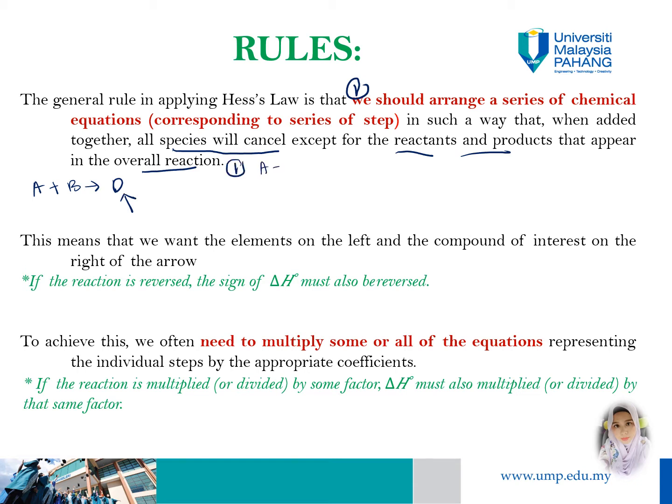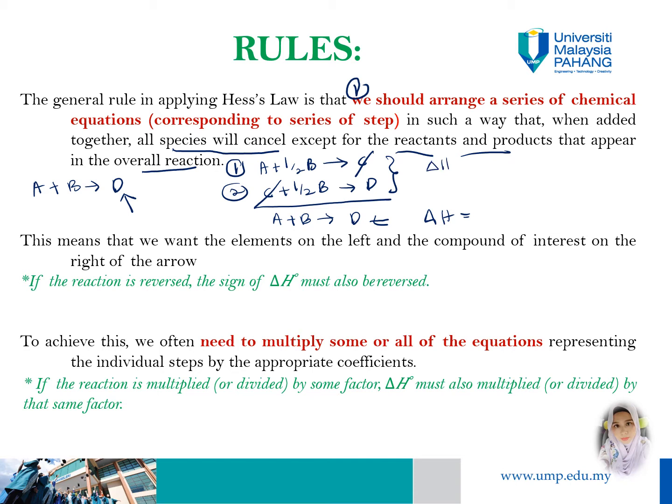First is A plus B produces C, and second is C produces D. So we need to add step 1 and step 2 together to produce this equation. This means the enthalpy of the reaction is equal to the enthalpy of reaction 1 plus the enthalpy of reaction 2, delta H1 plus delta H2.